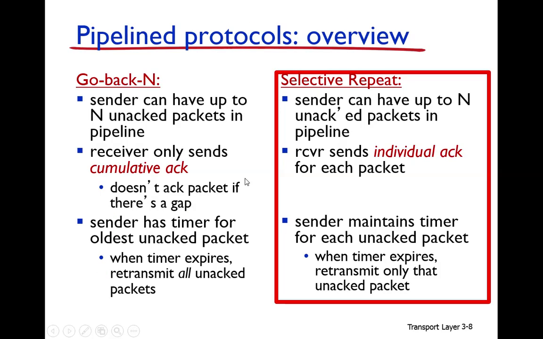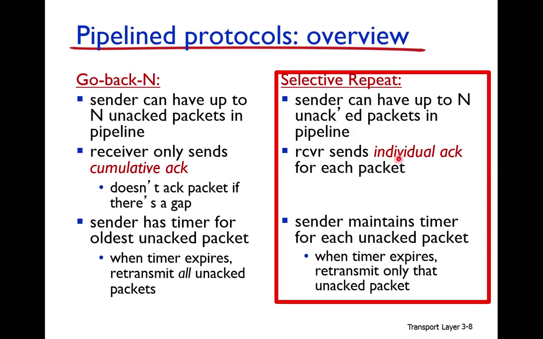We have discussed Go-Back-N, and now we are going to discuss Selective Repeat. In Selective Repeat, the sender can send up to N unacknowledged packets in the pipeline.